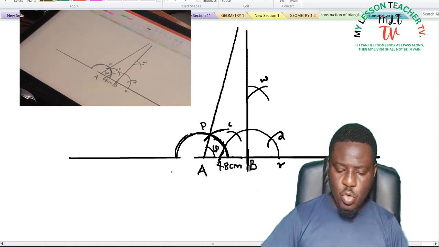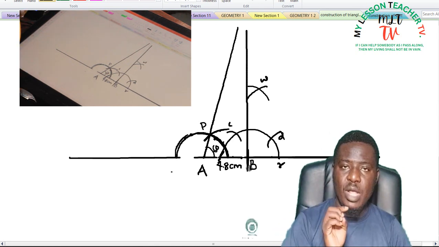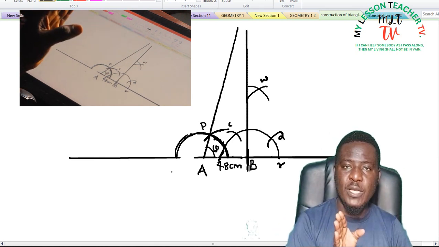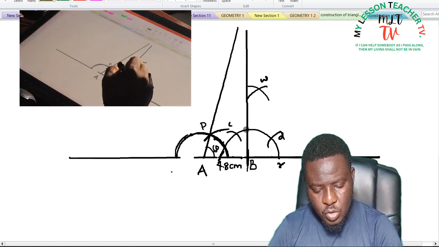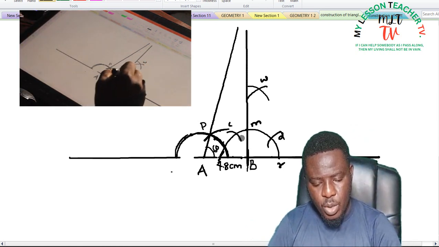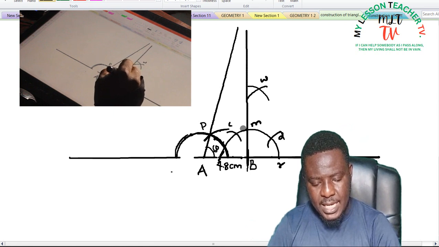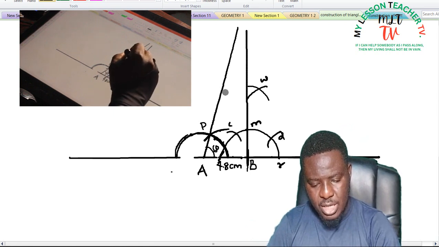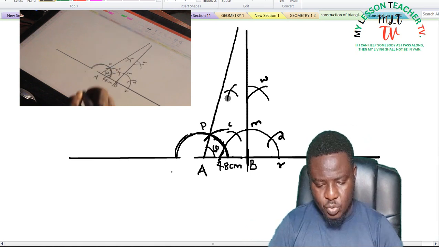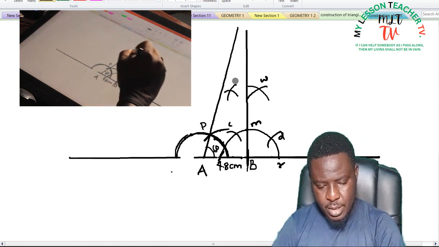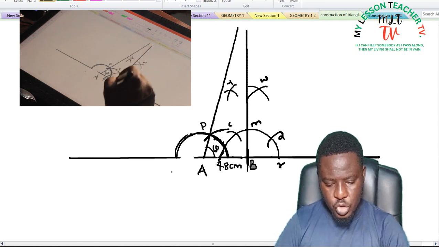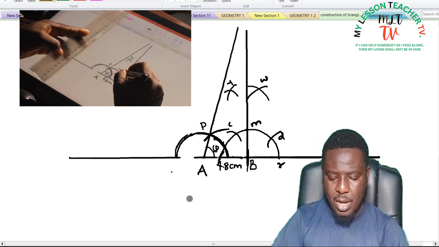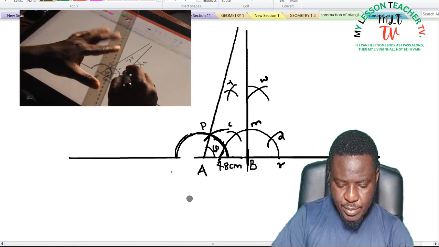Then for us to construct angle 75 degrees, we have to bisect the angle between angle 60 degrees and angle 90 degrees. Let's call this point M. With C and M as center, you construct another arc this way. Then let's call it point Y. You then join YB, draw YB to cut across line AP.